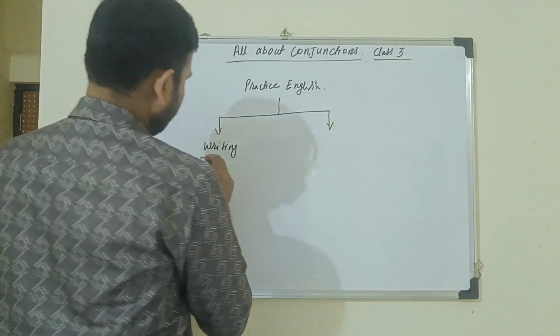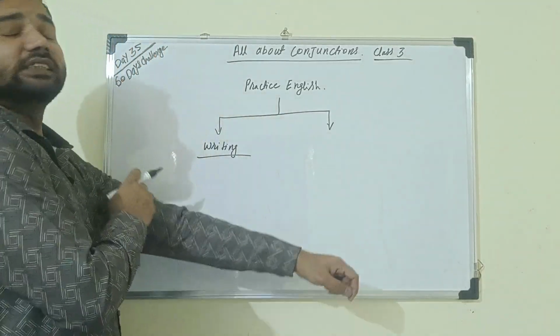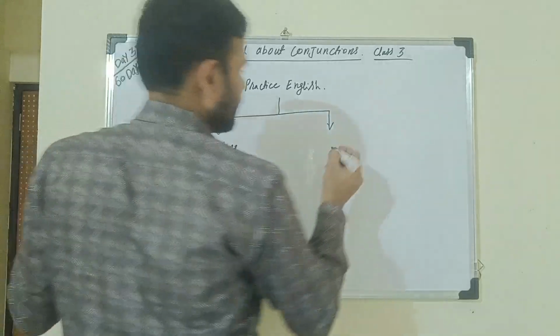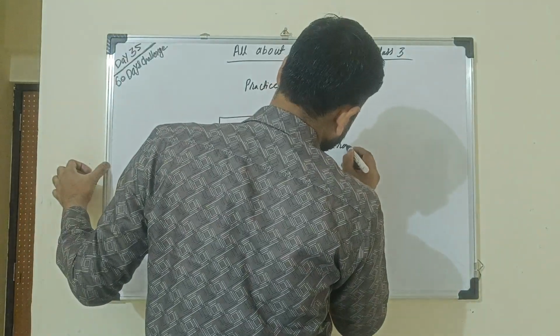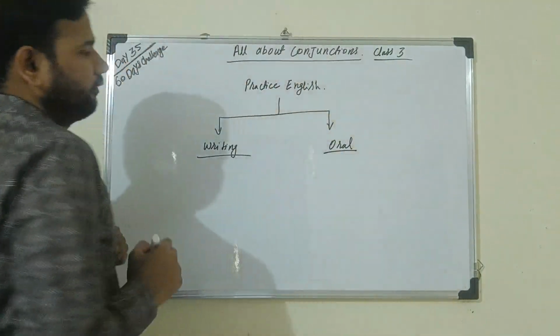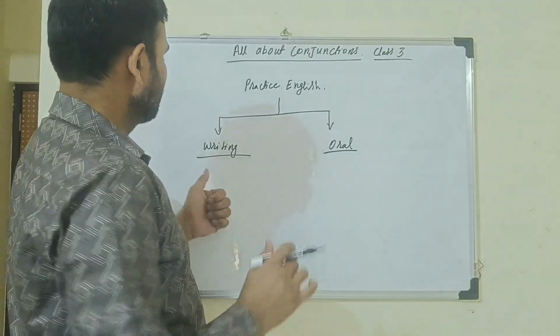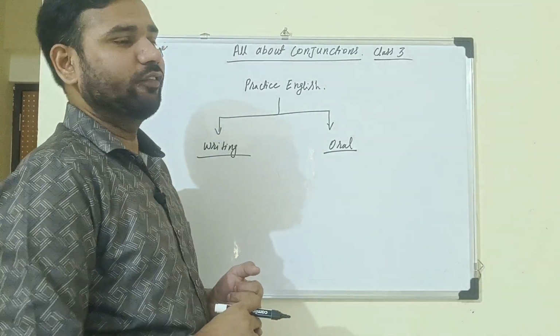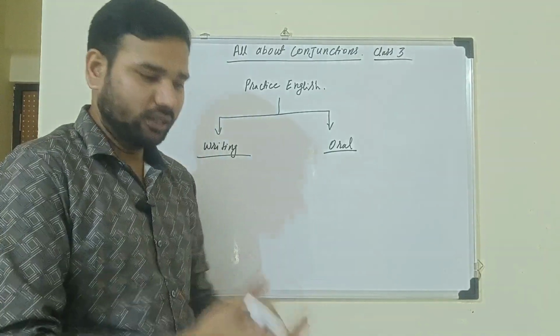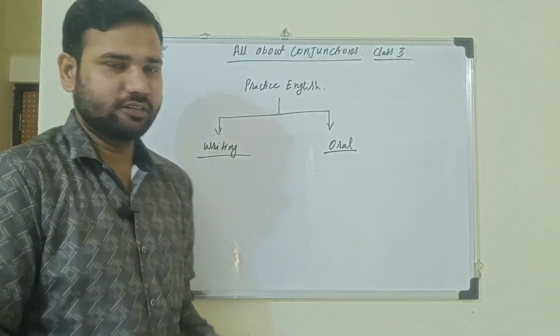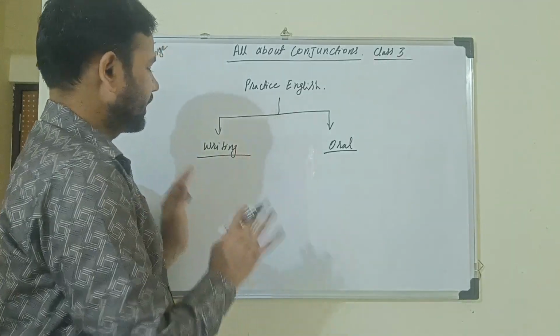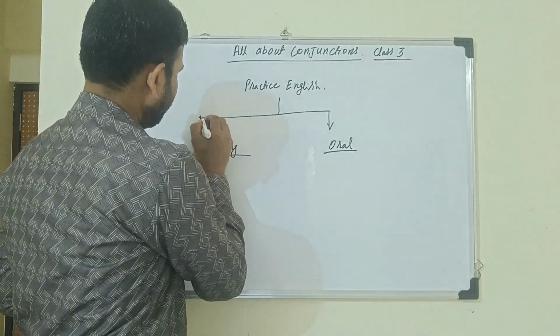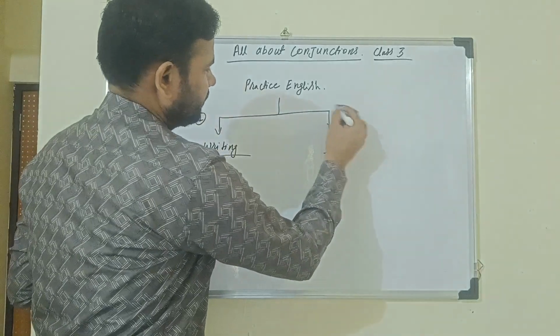In the initial days, we have to start practicing with writing, and the second is oral practice. If you are learning English and you are in the initial days, you have to start practicing in writing, and oral is second.